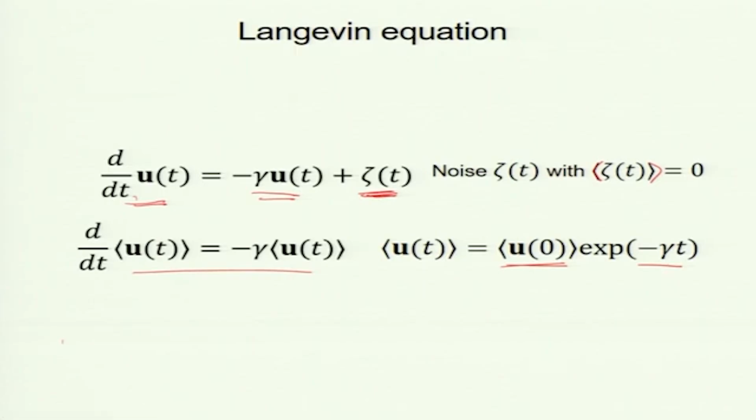So the particle slows down, but this slowing down is for a short time. This viscous force is pretty strong. Gamma gives you the inverse time scale, so you can see from here that the time scale is 1 by gamma.